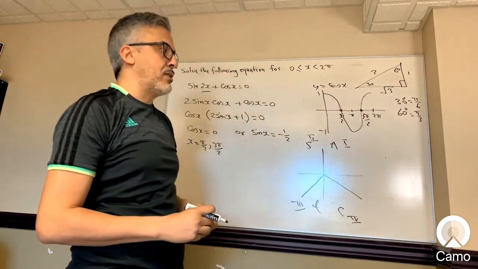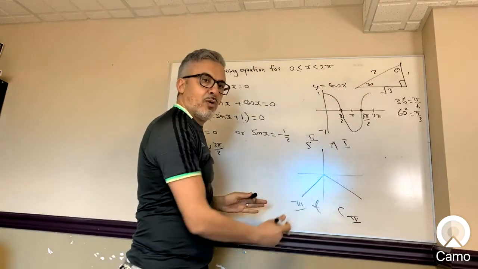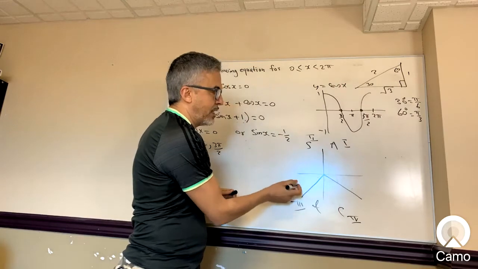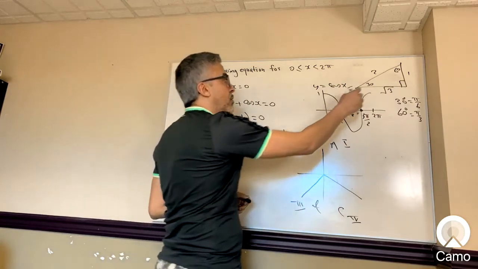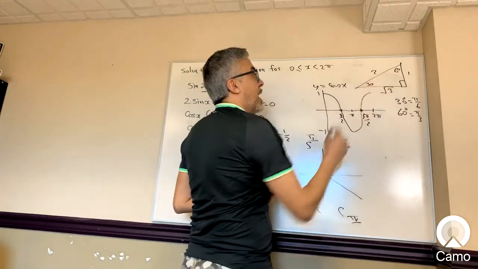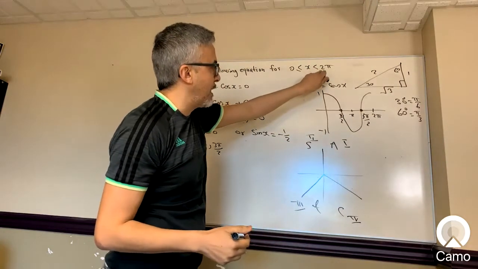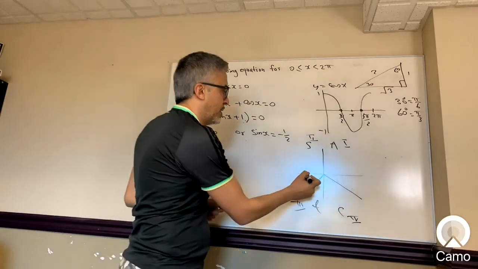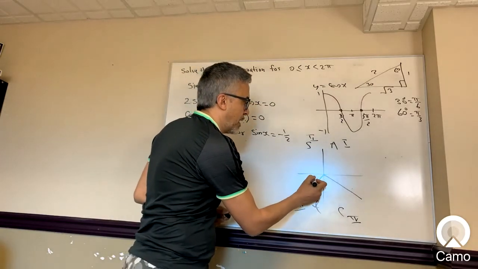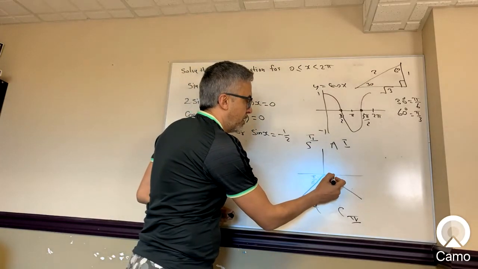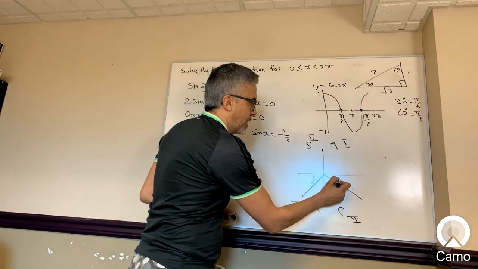So my reference angle is 30. You don't really need to draw the whole triangle here. In here we're asked to find the angle in radians, so that's pi over 6. So your reference angle here is pi over 6, and here also the reference angle is pi over 6.